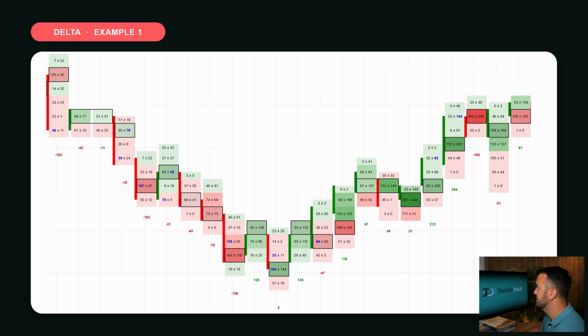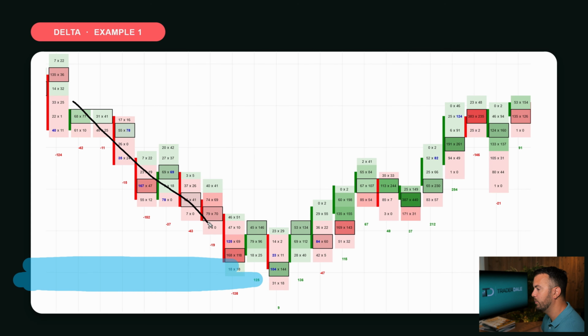So again, imagine that we have a strong support here and the price makes it towards the support. This is where it hits the support for the first time. And as the price is dropping, delta is negative, everything is as it should be, everything's normal. Even in here, delta is negative, but then positive delta.